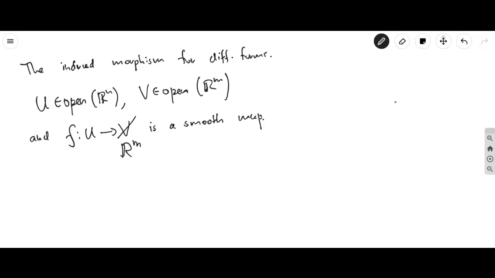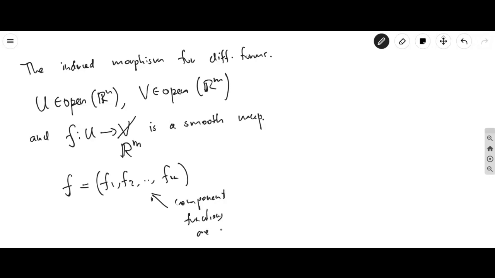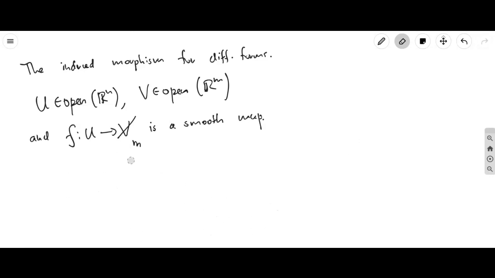To be a smooth map will simply mean that when you look at the component functions, the component functions are smooth. That's the obvious way to interpret it: when it's a vector valued mapping, you want each of the components of the vectors to be a smooth function. Okay, so let's say we have a smooth map.